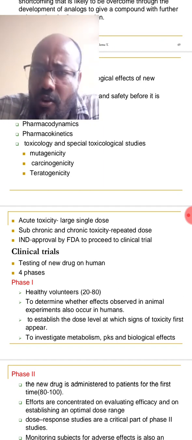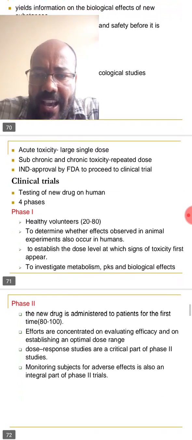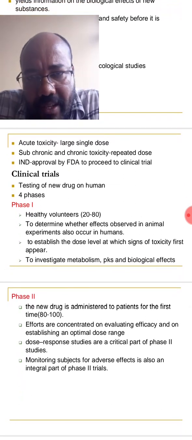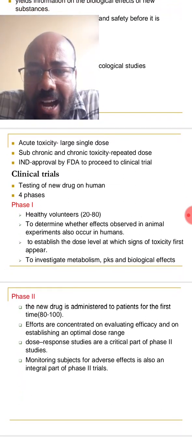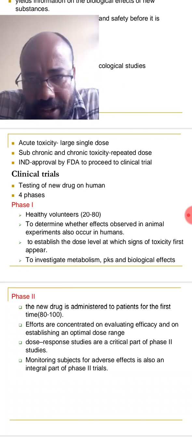There are 4 phases: phase 1, phase 2, phase 3, and phase 4. The first phase is called phase 1. In this case, the new drug was tried on healthy volunteers. Is the activity similar to the animal model?